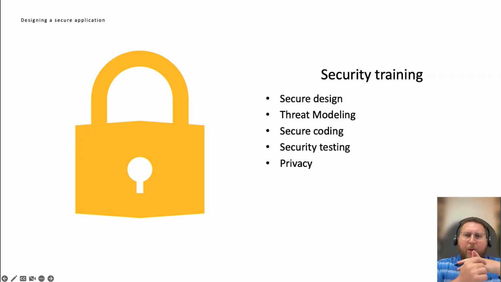Then when we are talking about threat modeling, take a look at which model you're going to use, the implications of the threat model that you're going to put in, and the coding constraints based on your threat model. You're going to look then at secure coding, such as buffer overruns, integer errors, cross-site scripting, SQL injection, weak cryptography, all of those.